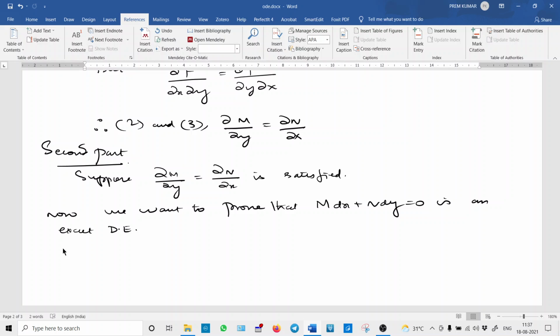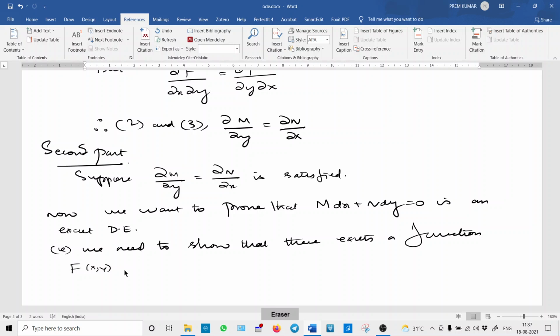So to prove that the differential form is exact, we need to show that there exists a function capital F such that, how is that function?